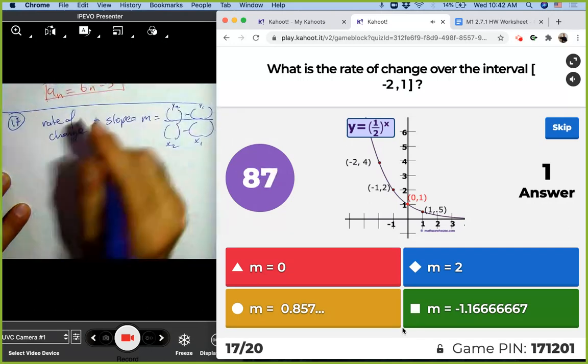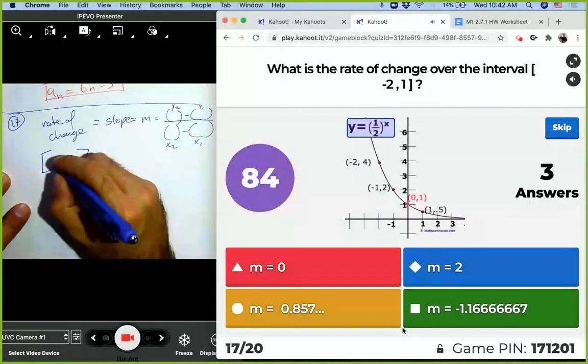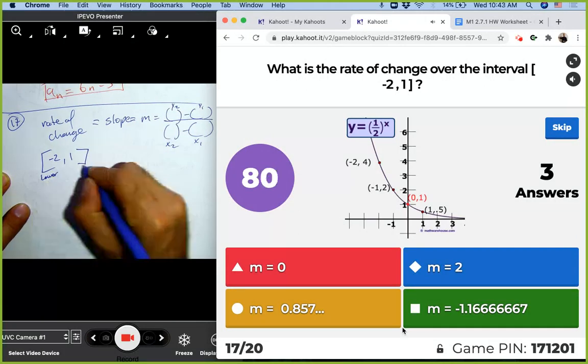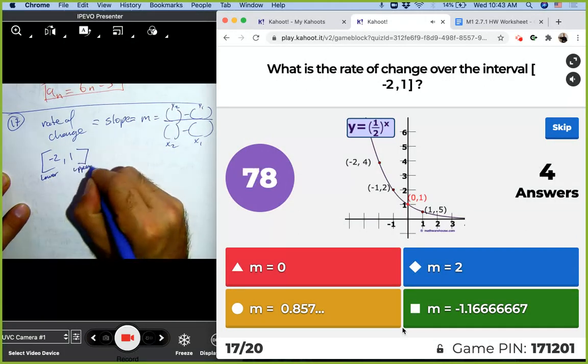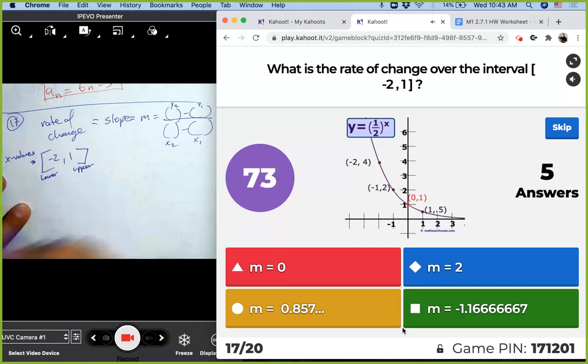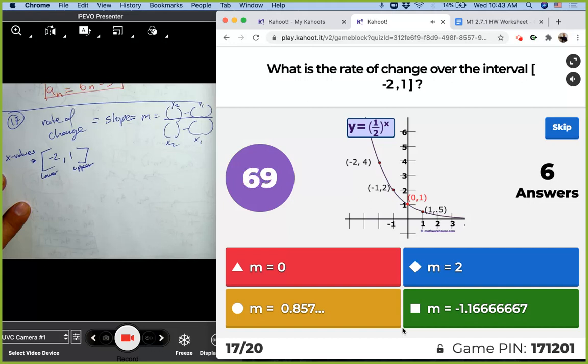So the interval, -2, 1, this is our lower limit. This is our upper. These are x values. They basically gave us our domain between -2 and 1.